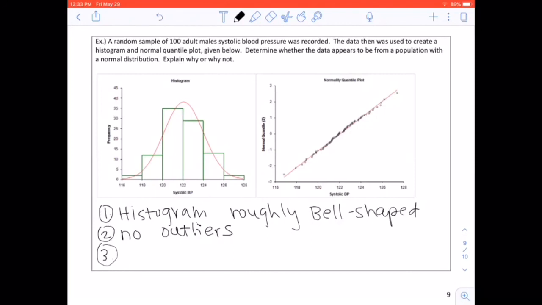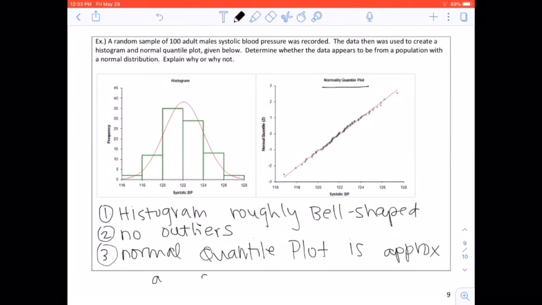And then the last thing is to check that your normal quantile plot, which is over here on the right, is approximately a straight line. And if you notice and you look at all those points, yes, they are. So we'll say that the normal quantile plot is approximately a straight line.